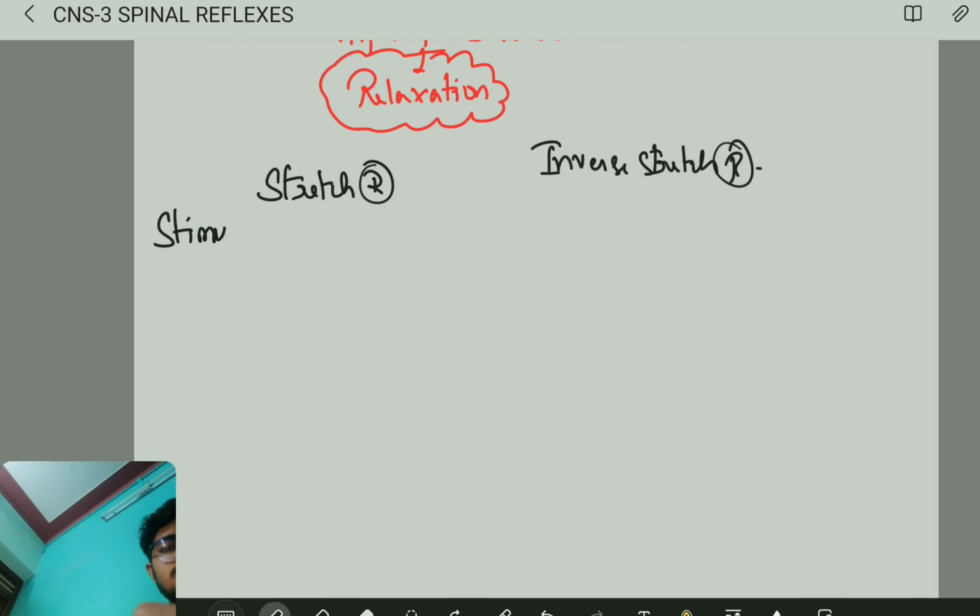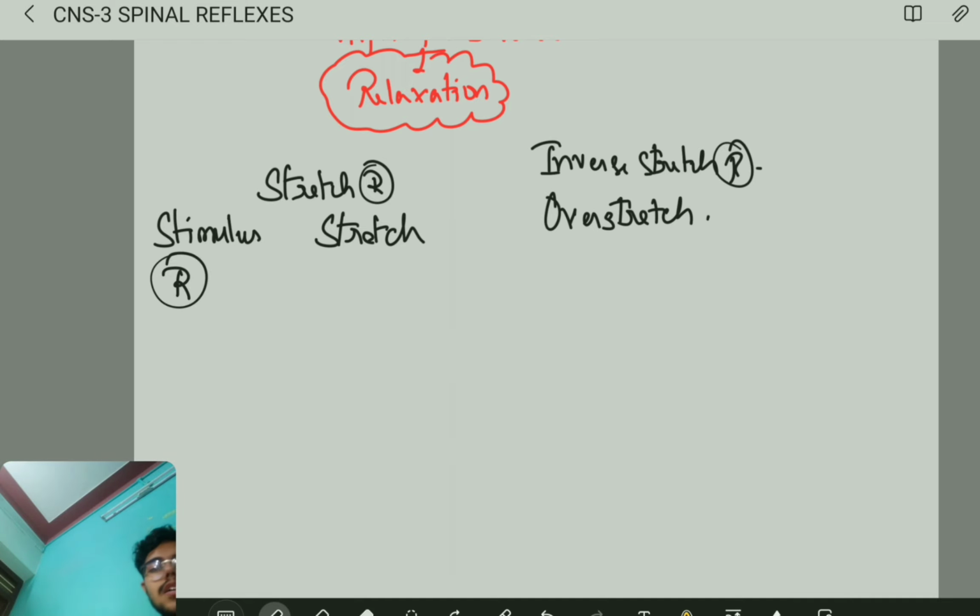Stimulus. What is the stimulus? Stretch. Inverse means overstretch. What is the receptor? First and beginning, the receptor here is the muscle spindle. We saw intrafusal fibers and extrafusal fibers, discussed in detail.